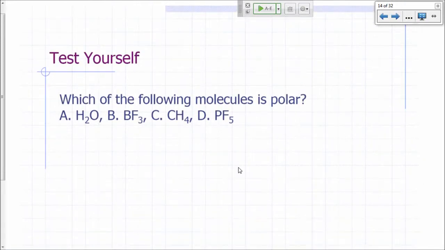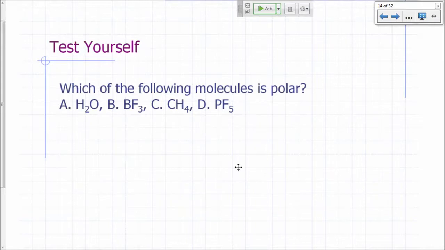Okay, which of the following is polar? H2O, BF3, CH4, PF5. This is a question where you have to remember your molecular structure and geometry. That's why I wanted you to review that. Here's water. You have a tetrahedral geometry around the oxygen atom, and the molecule is bent.